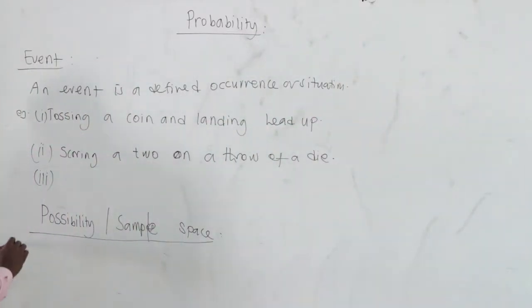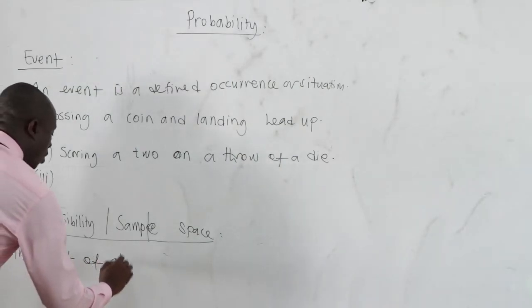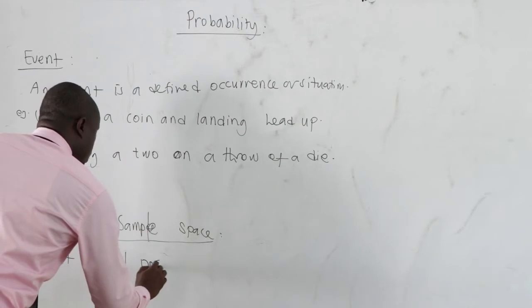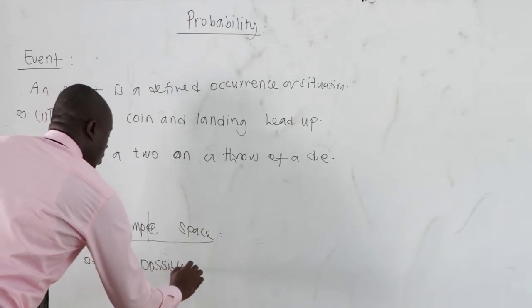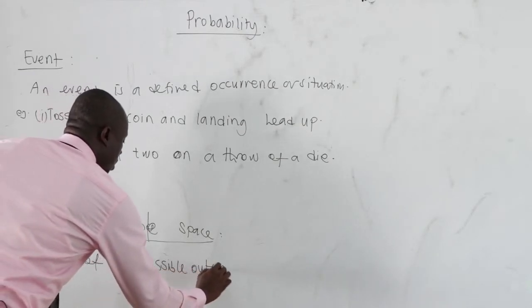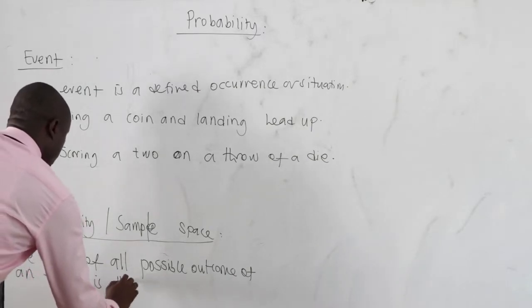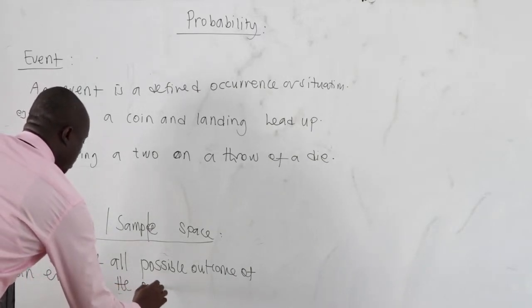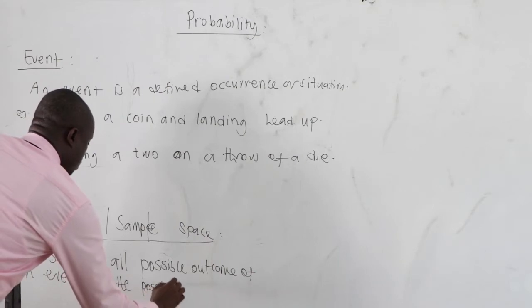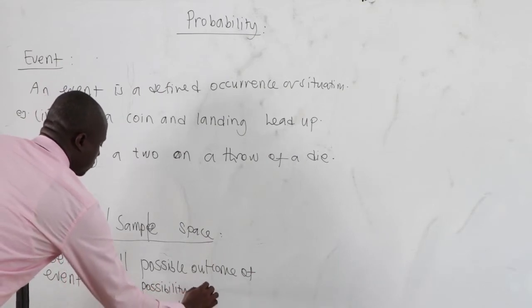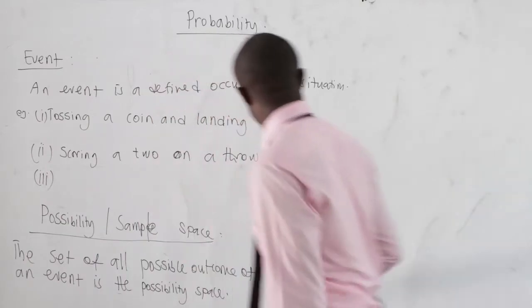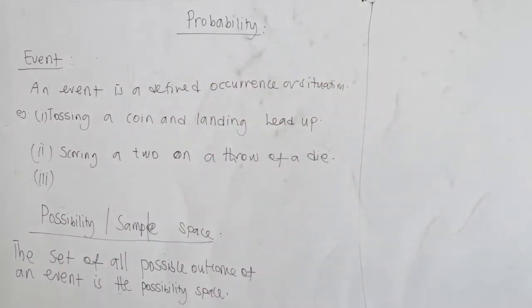The set of all possible outcomes of an event, or of a particular event, is the possibility space, just like the name, possibility space.